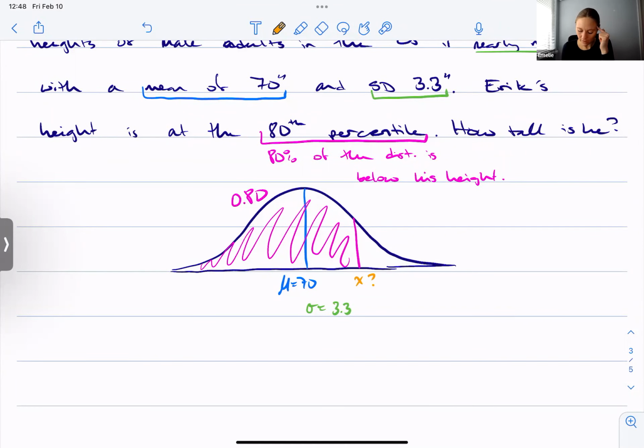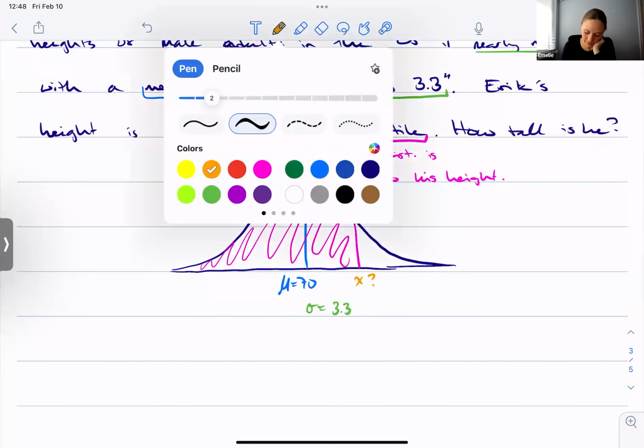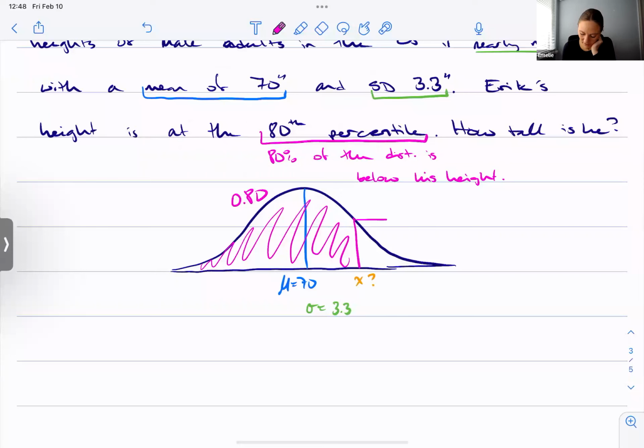And so how we're going to do this, I'm going to use the table. I'm not going to use the 68, 95, 99.7 rule for this. What I'm going to say is that this area must be 0.2.